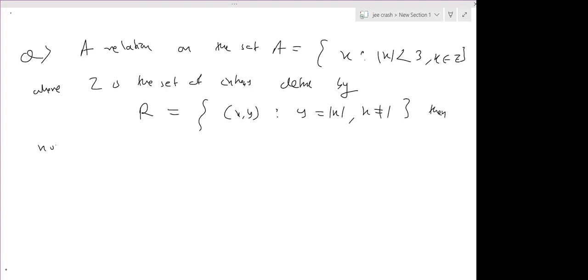Then the number of elements in the power set of R is what?